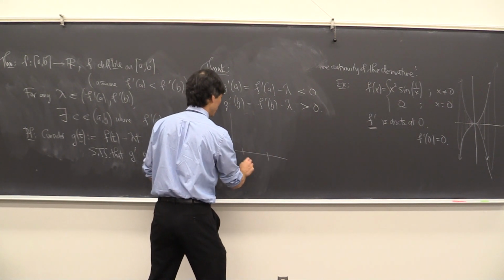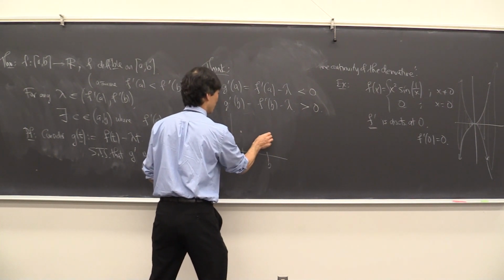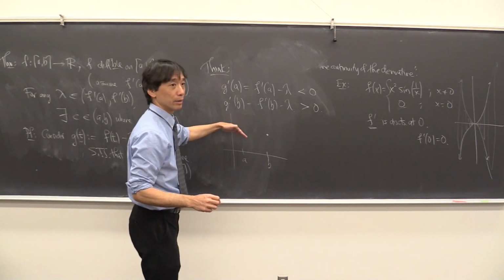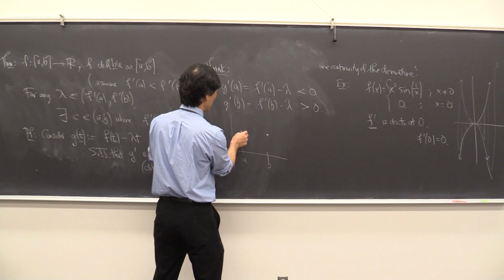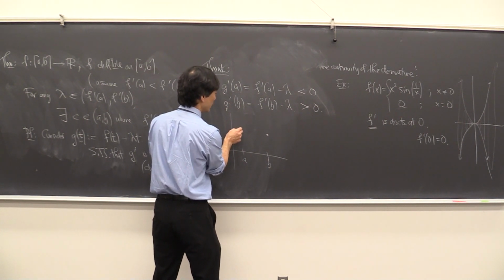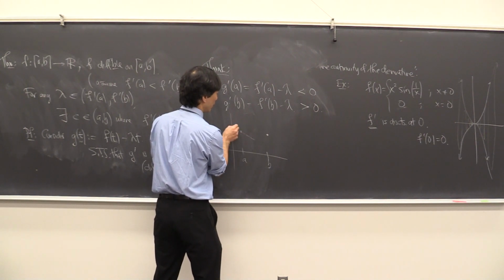So if we're thinking about g, we know that the derivative is negative here, so the slope of the tangent line is negative, right?